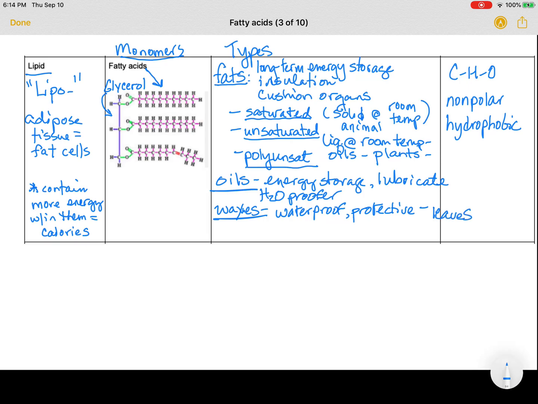You'll find more of those on the top part of a leaf where they're exposed to the elements more often, and there's less typically underneath. So if the plant is at risk of being exposed to a lot of heat, it may have a waxier covering. We have phospholipids.